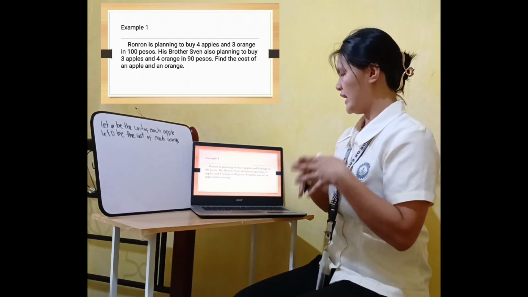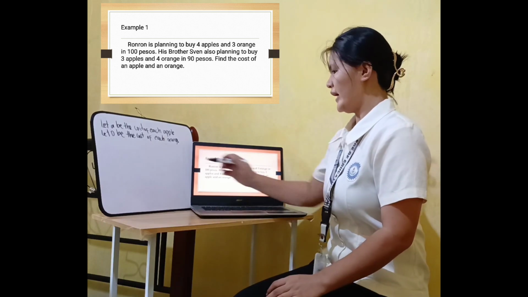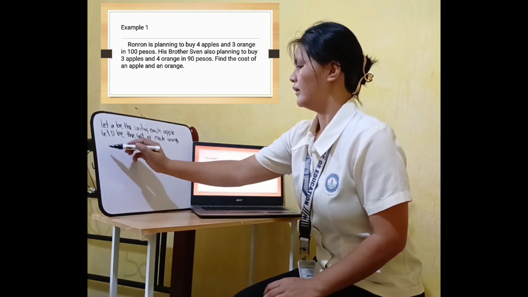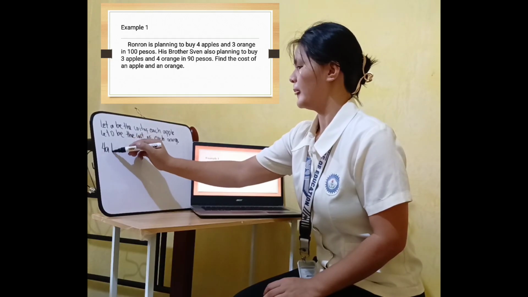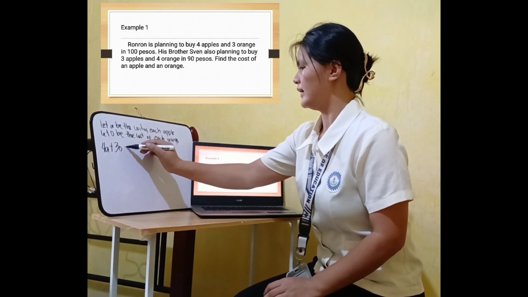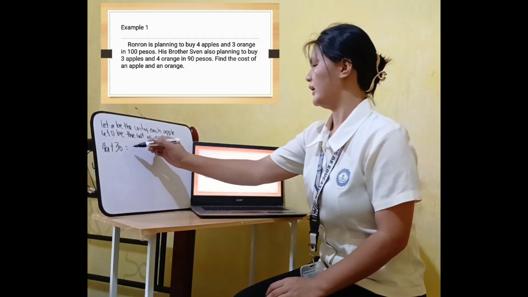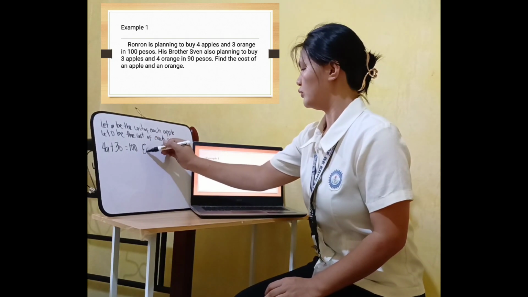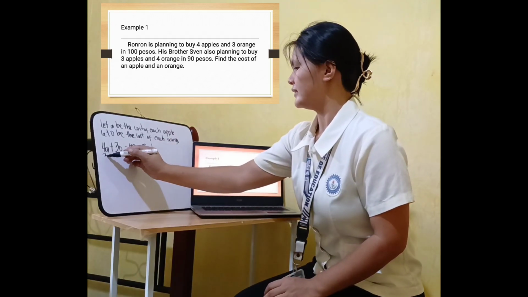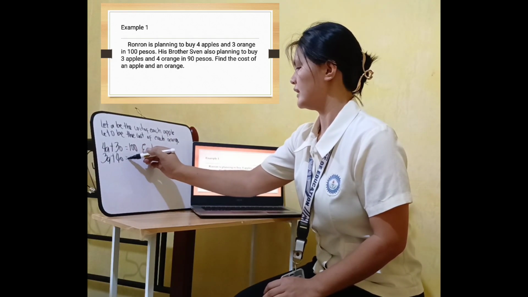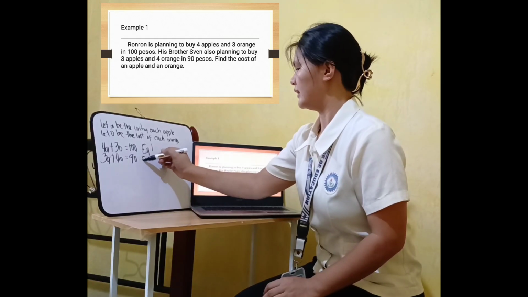So ang equation natin dito is 4 apple plus 3 orange is equal to 100 pesos. The equation 2 is 3 apple plus 4 orange is equal to 90. Equation 2.